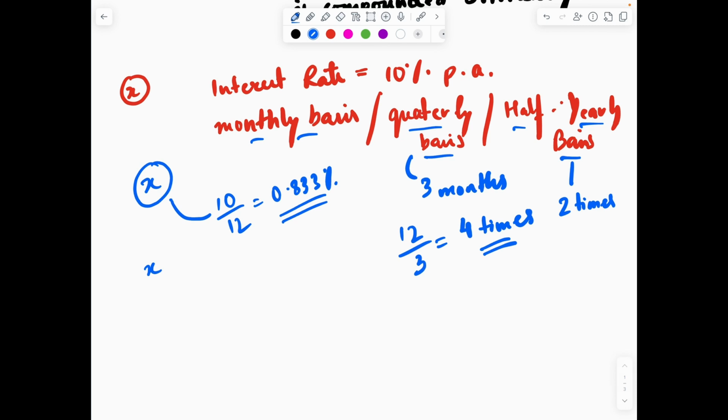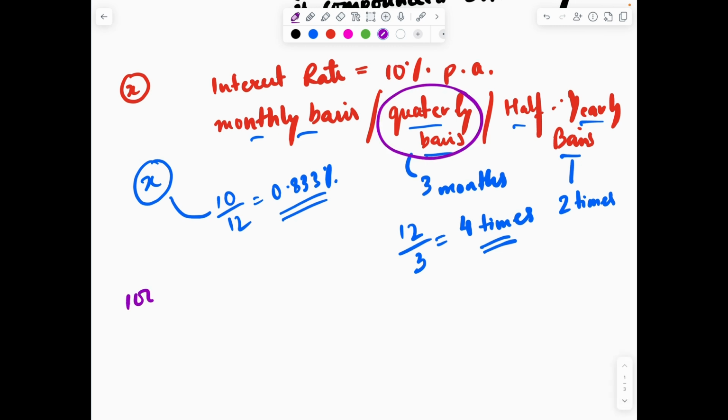Just to illustrate, if I do so on a quarterly basis, you have taken 100 from me. After 3 months, I'm going to charge you interest. 10% is the interest, right? 10 divided by 4, because I'm going to charge you 4 times. 10 divided by 4 is 2.5%.